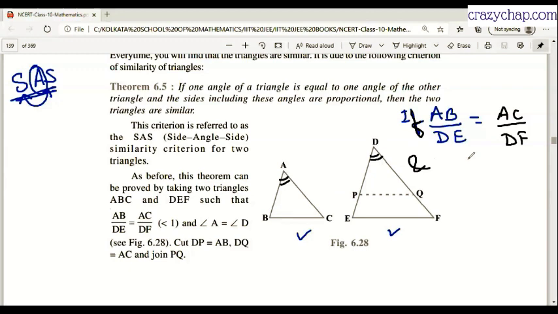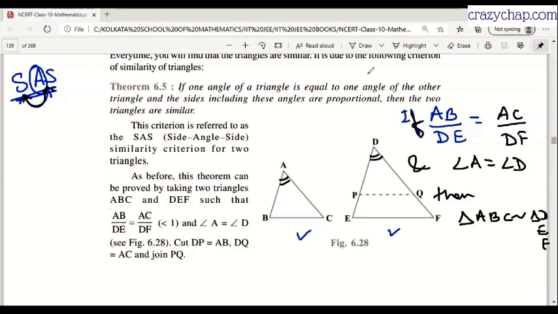Angle A is equal to angle D. If this also happens, then we can say that triangle ABC is similar to triangle DEF, right? So again repeating, if the two side ratios are equal and the in-between angle is also equal, then the two triangles are said to be similar by property SAS.